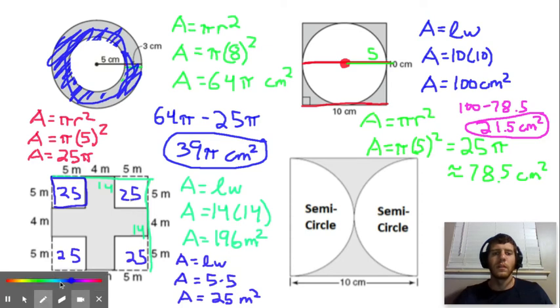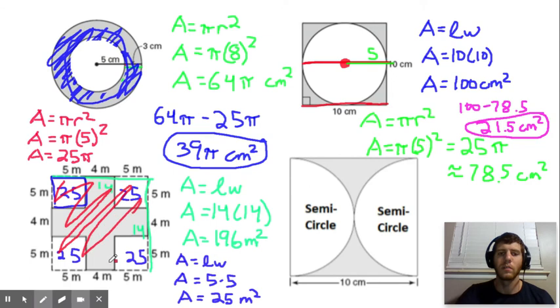So we need to take the area of the whole thing, which we found to be 196, all of this. So we need to do 196 minus 25, minus 25, minus 25, minus 25.